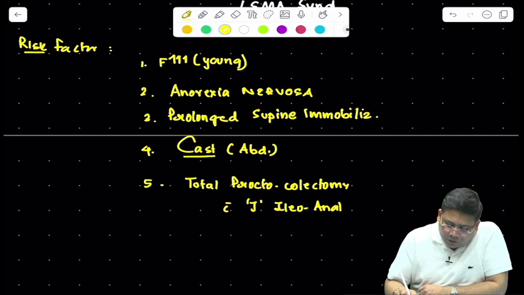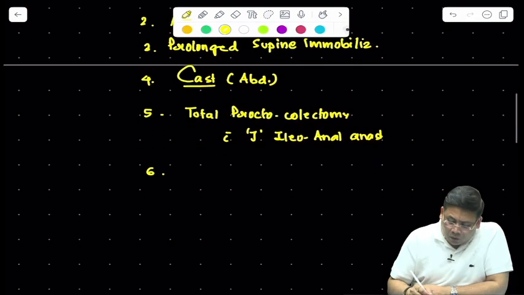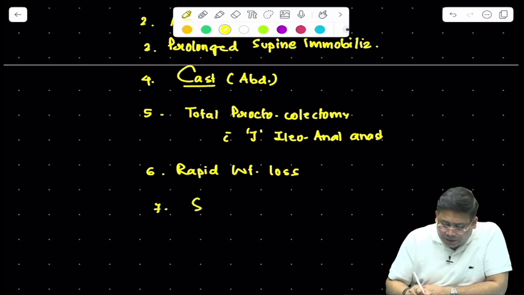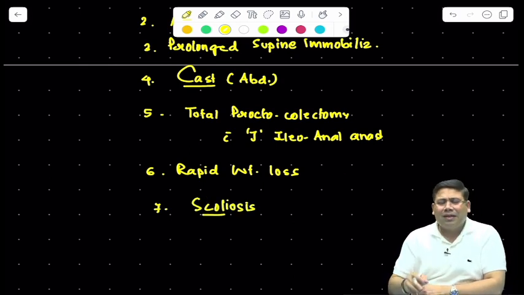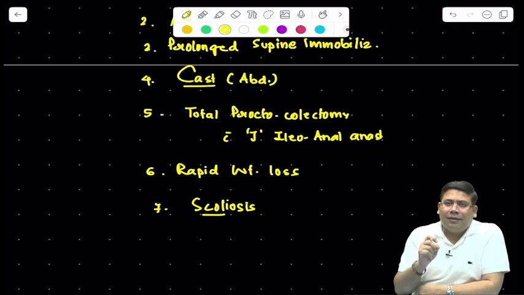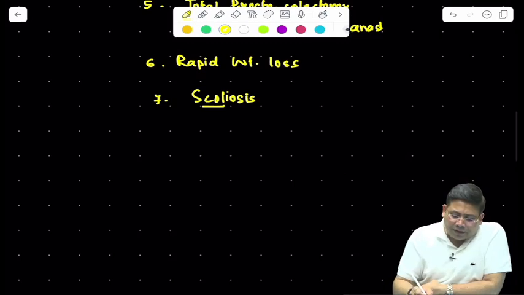They are also at risk of this. Again, students, any patient who has rapid weight loss is at risk. Then scoliosis is again a risk factor, etc. There are a lot of other factors also. So remember, these are the standard risk factors that we have.